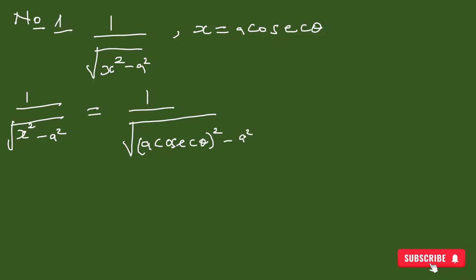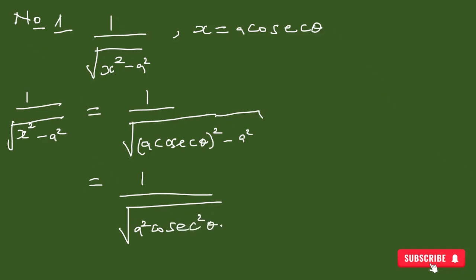On simplifying, we can write this as 1 over the square root of a squared cosec squared theta minus a squared.